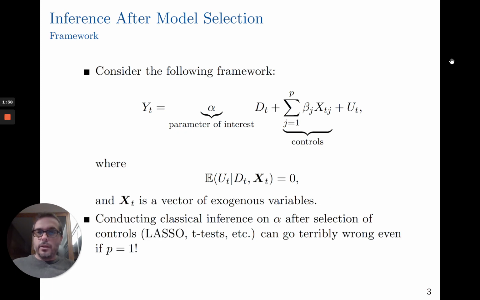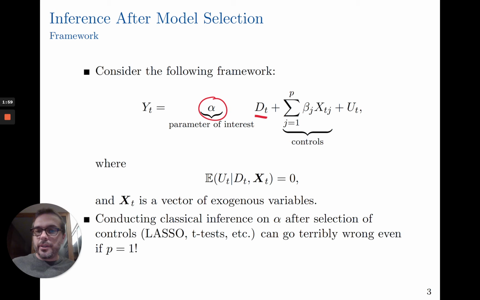So what's the idea? Suppose that we have a linear regression model, and we have one parameter of interest, alpha. This parameter alpha is the coefficient of a specific variable d_t.